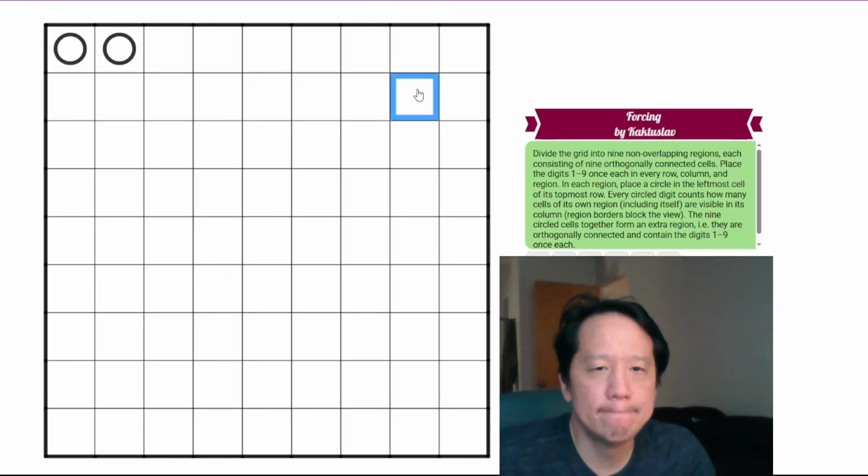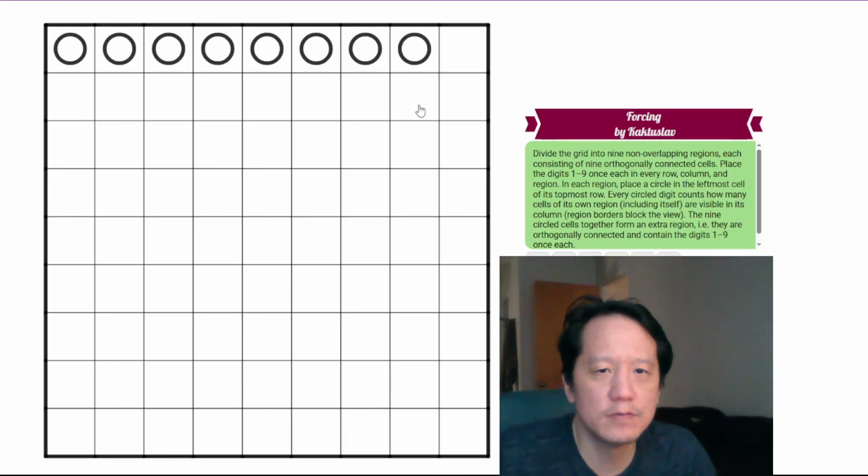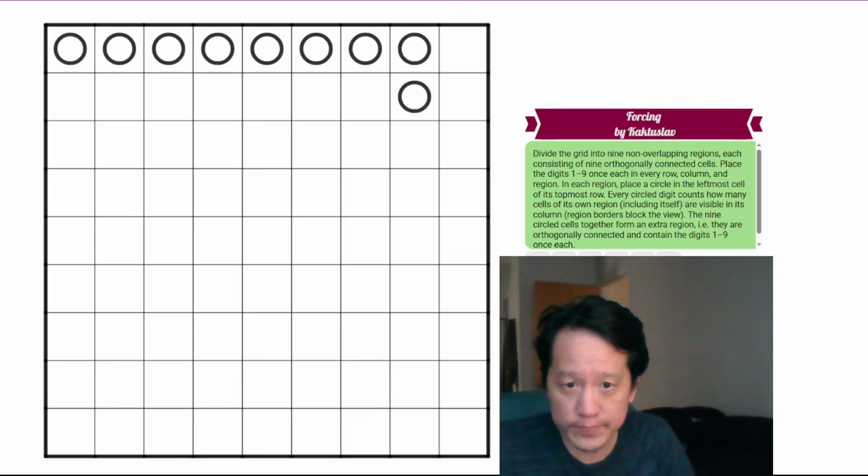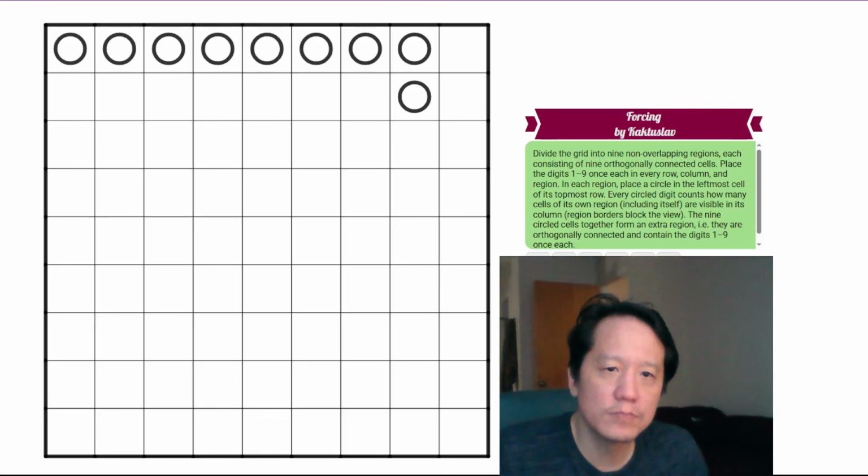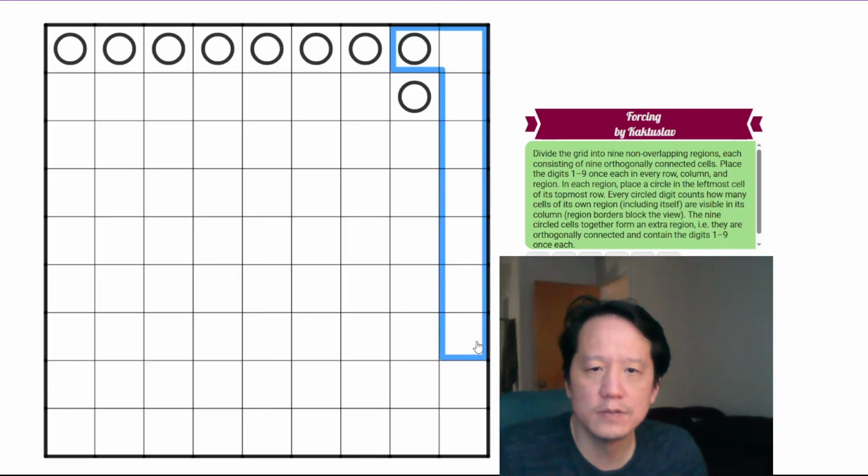How does that work, though? Say we did have that. Okay. The problem with this is this would have to go this way. So that's 1, 2, 3, 4, 5, 6, 7, 8, 9.